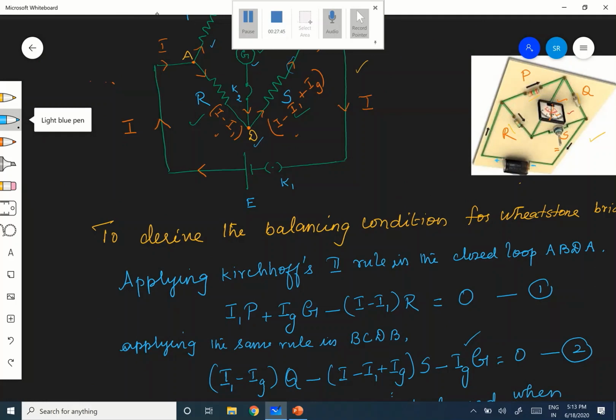This is a variable one, so you keep changing the resistance such that the galvanometer comes to 0. Then you can say confidently that the bridge is balanced, and definitely P by Q is equal to R by S, that condition is automatically satisfied. Are you following?